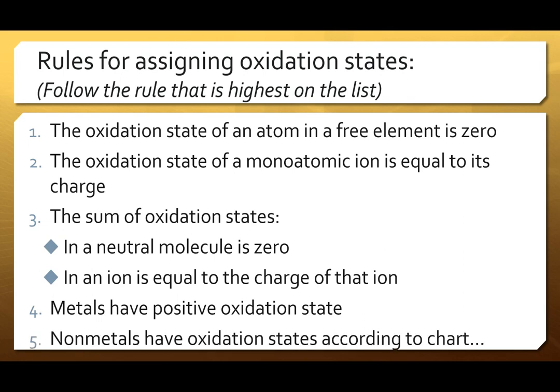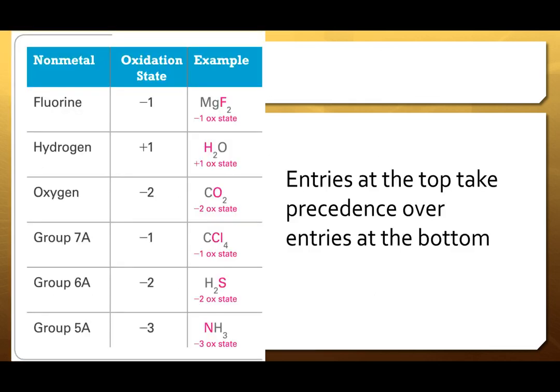Nonmetals will have oxidation states according to the following chart. Nonmetals are lowest on this hierarchy list. They're the least important, if you want to put it that way. So we always establish the oxidation number for metals first, and then we go back and establish the oxidation number for nonmetals.